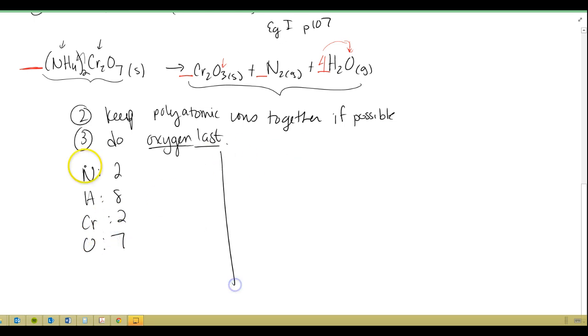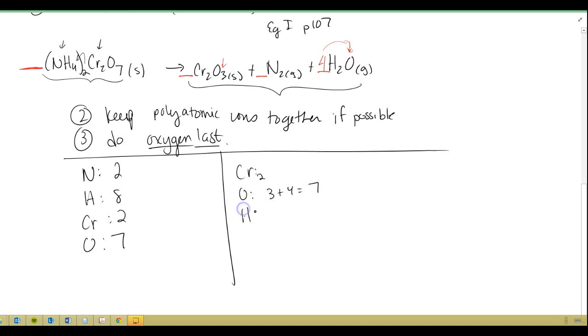On the right, chromium 2, oxygen 3 plus 4, so 7. Hydrogens I have 8, and nitrogens I have 2. So they check, and my equation is balanced.